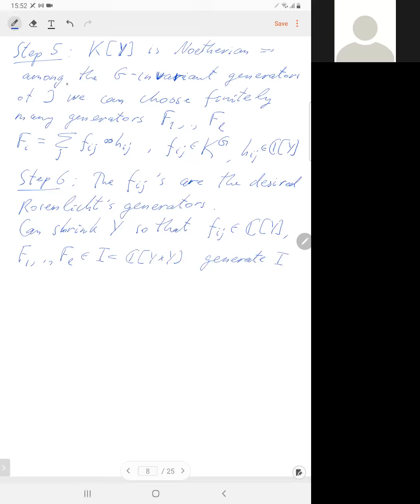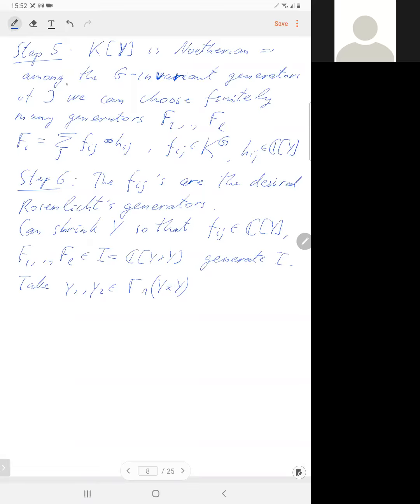So now let's take two points y_1, y_2 in Y squared. Then this intersection with the graph is exactly the zero set of the ideal I.